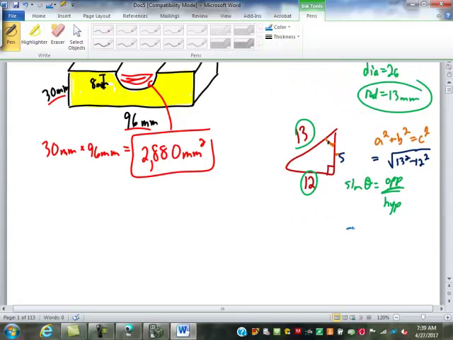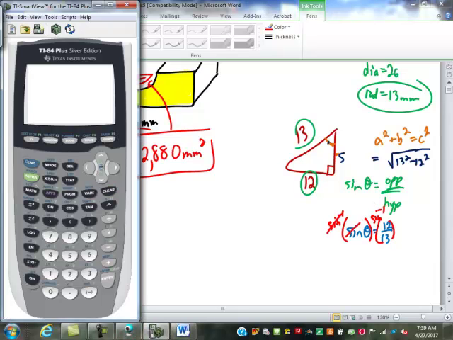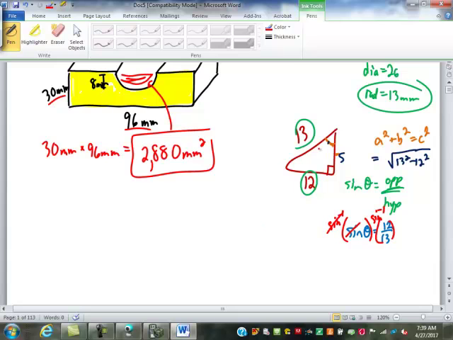Sine of our angle is 12 over 13. So we will do an inverse sine. So second sine 12 divided by 13. 67.38 degrees.